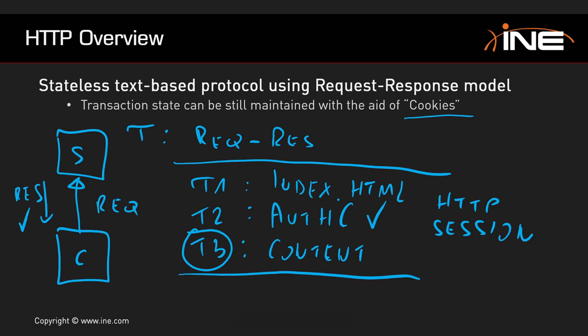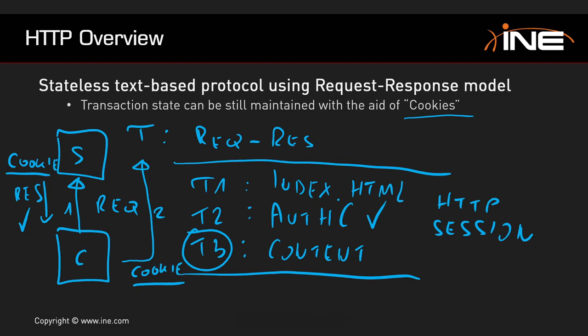With the cookie mechanism in place, the server is also going to include the cookie in one of the HTTP response headers, which cookie is then going to be used by our client in subsequent requests. So this cookie here and this one here are going to be the same.